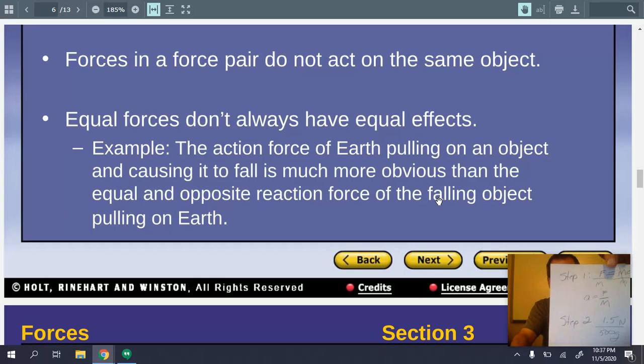Okay, so the force of the ball, 9.8 meters per second squared, divided by the mass of the ball, will give us our acceleration in meters per second squared, right?